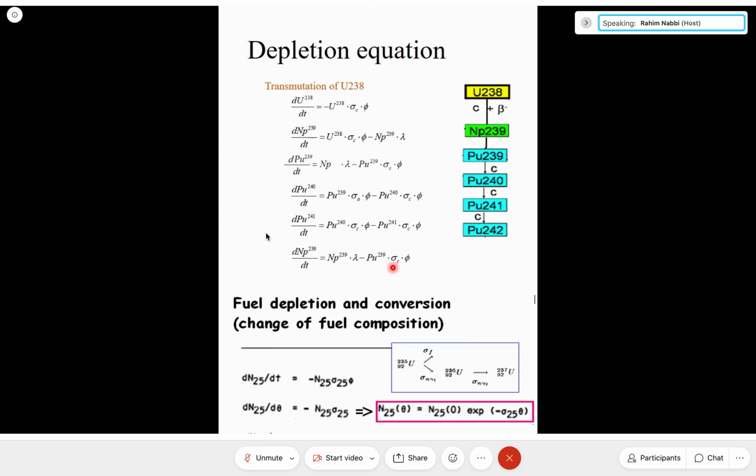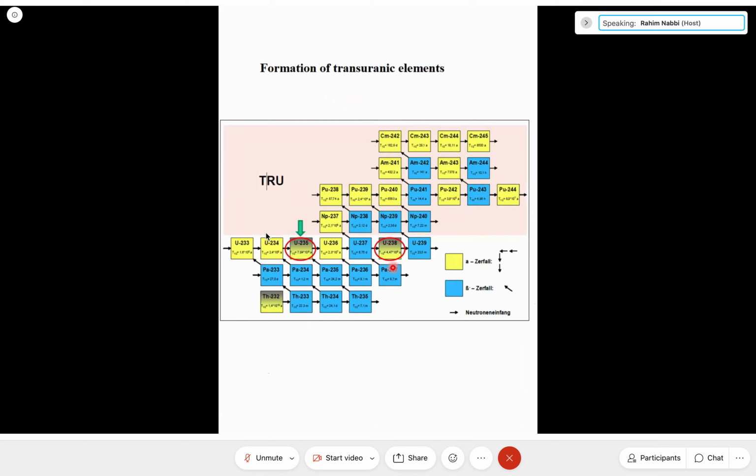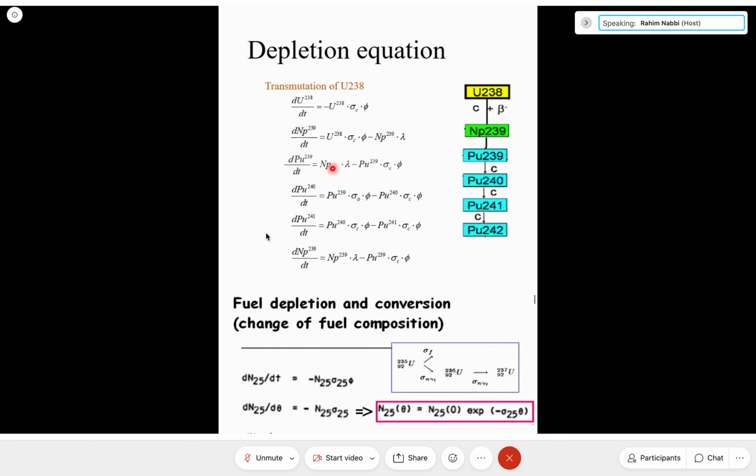So again, this chart is only a schematic; it shows only what nuclides are produced and in what ways, and here is the mathematical way again to describe the change of the concentration of the individual nuclides.